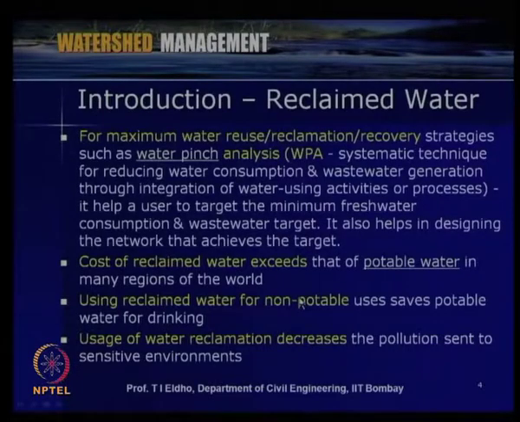When we are reclaiming or recycling the wastewater, the amount of wastewater to be treated before disposing to surface water sources like rivers or the ocean is reduced, and that way we also benefit. So, the usage of water reclamation decreases the polluted water sent to the environment.